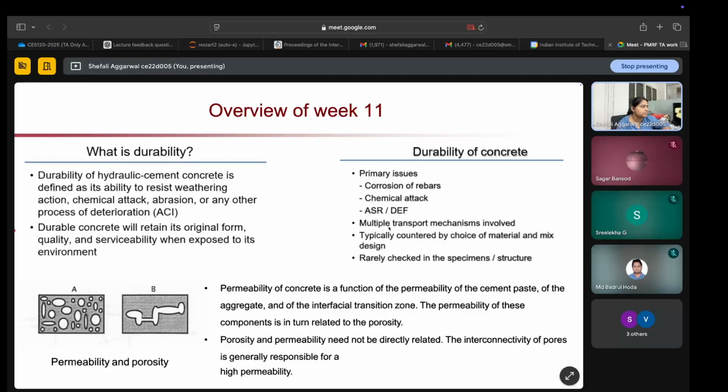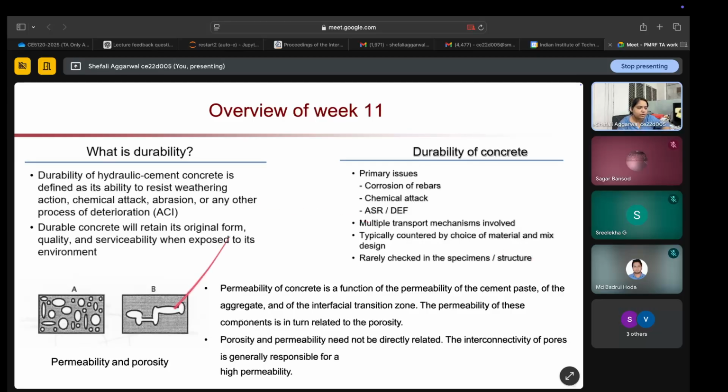Another point is that multiple transport mechanisms are involved, typically countered by the choice of material and mix design. The more porous your concrete is, the more chances of durability issues, because there are more chances of ingress of chemicals. And another issue is if we are not checking our structure at regular intervals of time.